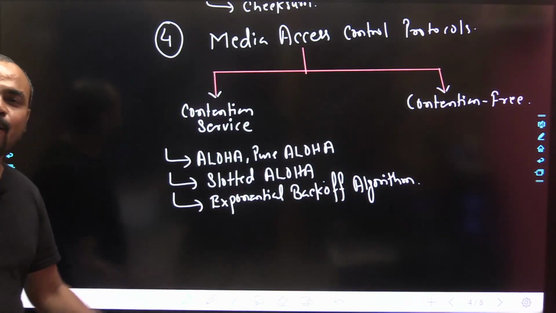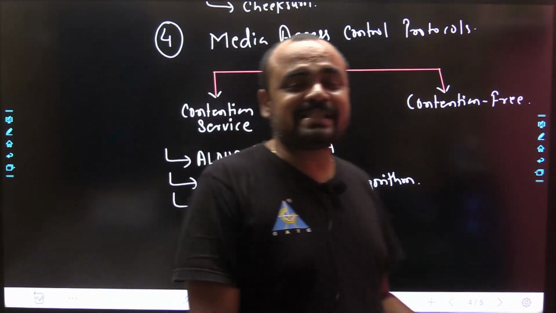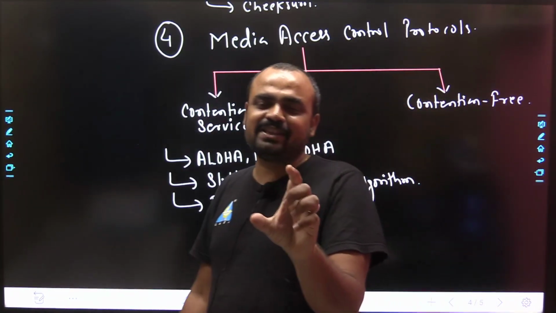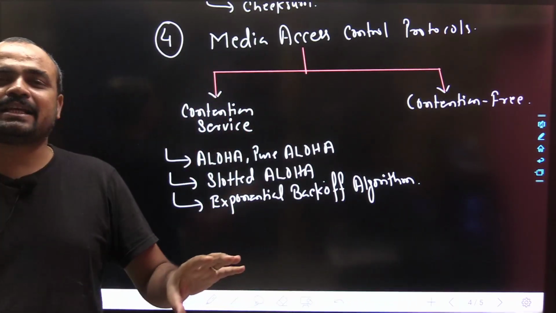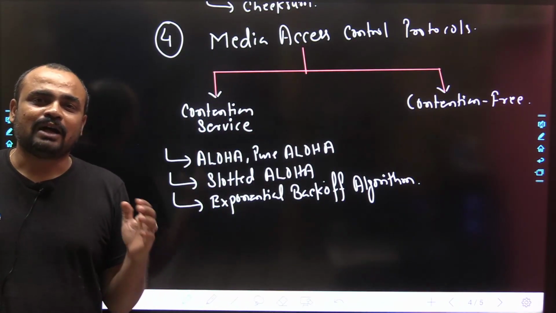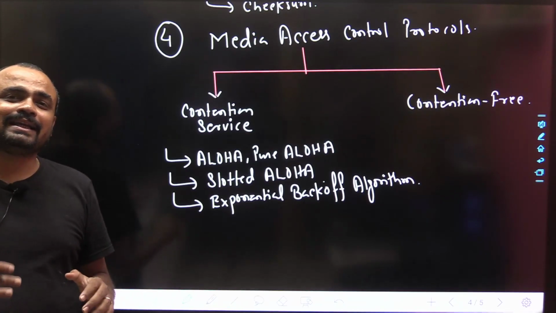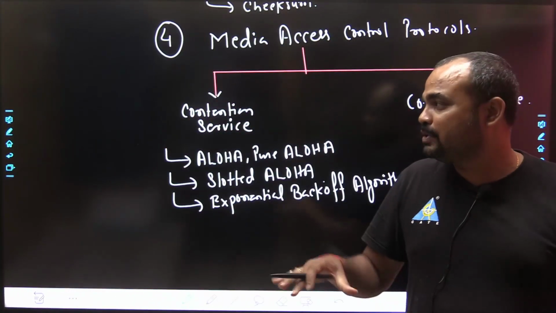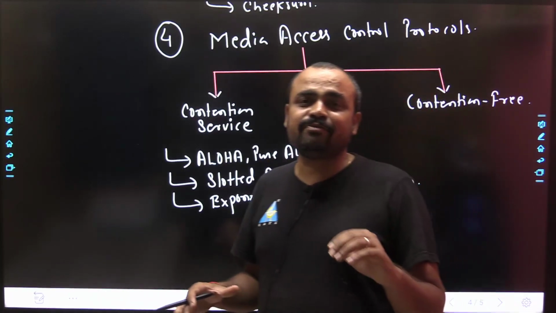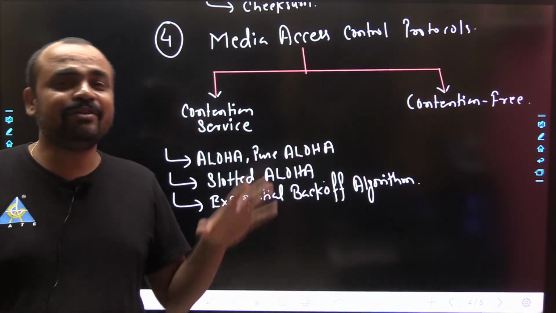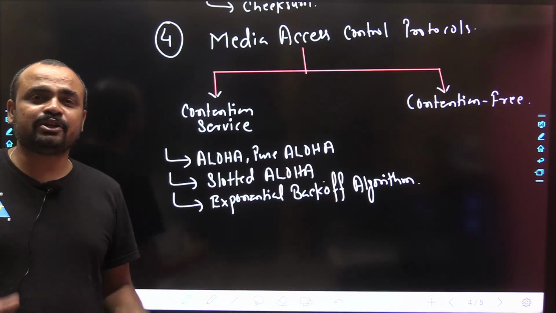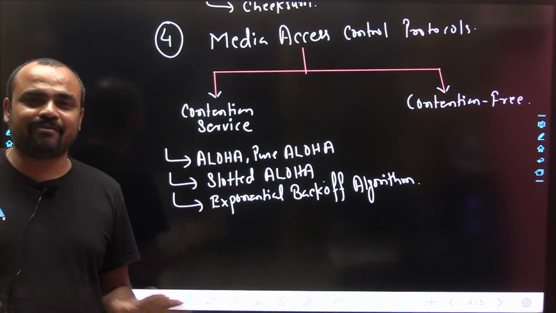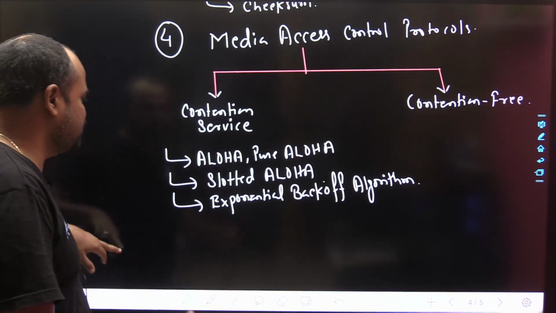I'm writing all the topics and the subtopics according to the GATE syllabus. Please try to understand. I'm writing each and everything according to the GATE syllabus, and then I will mark according to the GATE frequently asked weightage. Which are the topics from where the GATE frequently asks the questions. I will mark each and everything so that you will have a proper mindset how to study each and everything. Okay, so let's see over here.